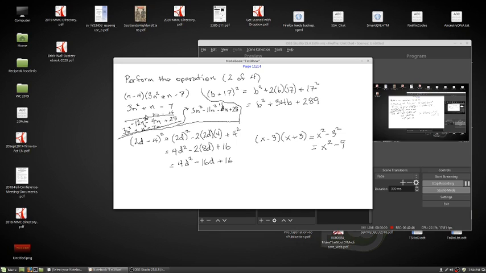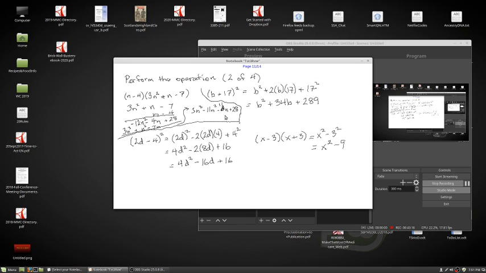You could also just go ahead and have n minus 4 times 3n squared plus n minus 4 times n minus 4 times 7, and then go backwards and have 3n squared times n minus 4 times 3n squared, and whatever.